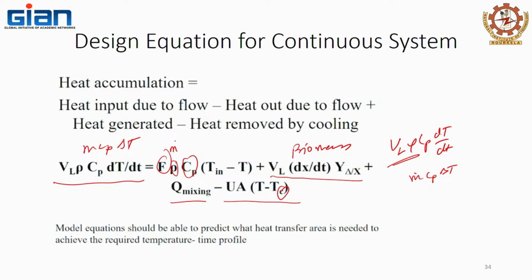So, understand, MCp delta T is the key here. Do not get confused by these big overall equations. MCp delta T is what V rho Cp delta T is: the volume times density gives you the mass, then the Cp, then the delta T. So the model equation should be able to predict what heat transfer area is needed to achieve the required temperature-time profile.